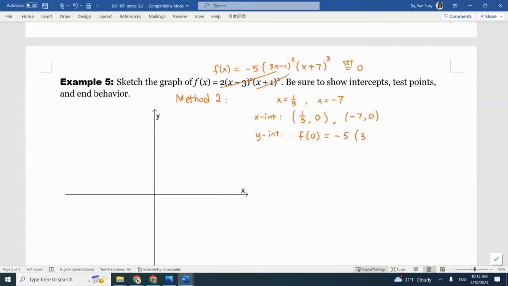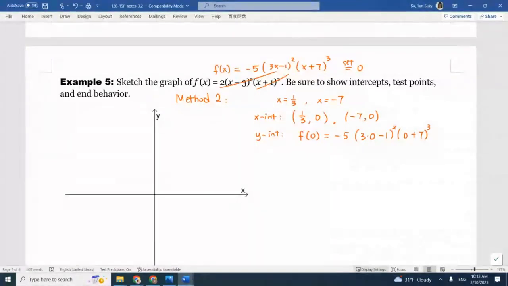And then 3 times x, x is 0, minus 1 squared. X is 0 plus 7 cubed. Okay? We plug in x is 0. Is that okay, everybody? So -5, 3 times 0, minus 1 squared, times 0 plus 7 cubed.